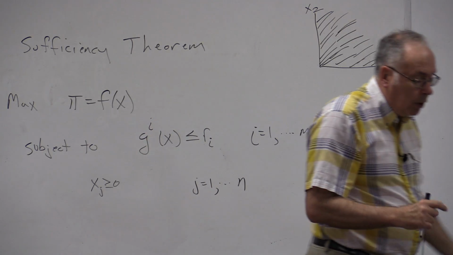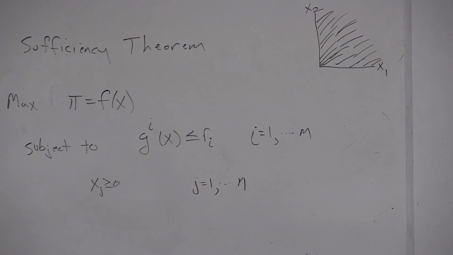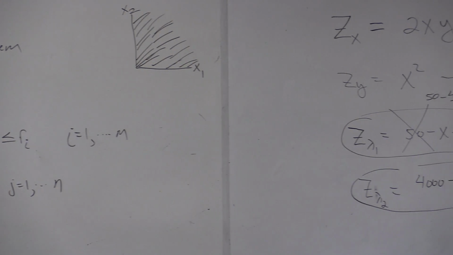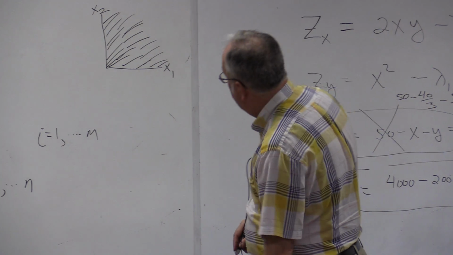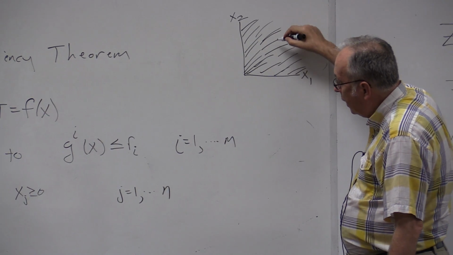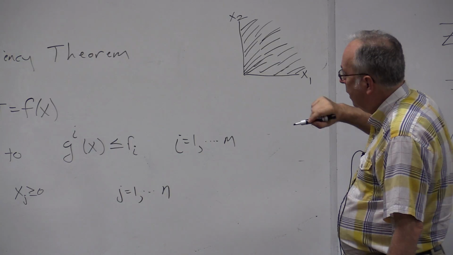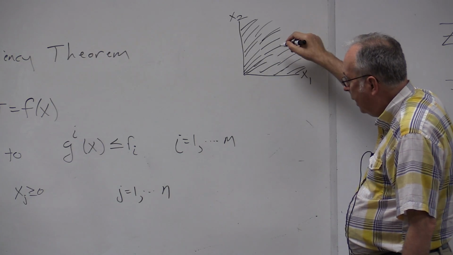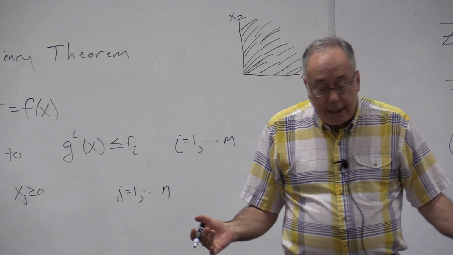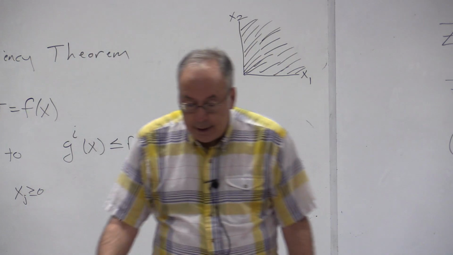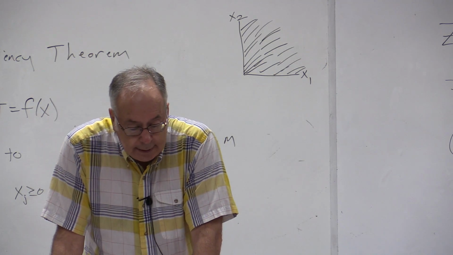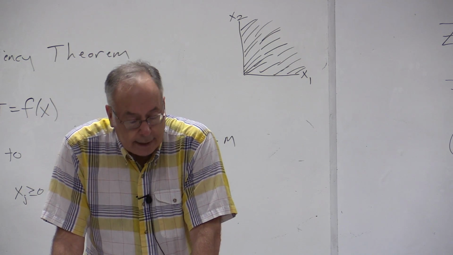So we're just dealing with a non-negative orthant. In this region, let's suppose our objective function is concave and each of these constraints is convex. And then if you satisfy the Kuhn-Tucker conditions, that will guarantee that you have a global maximum.